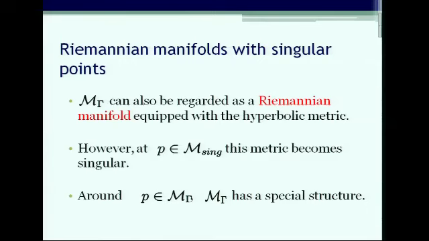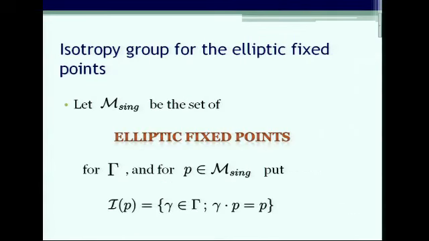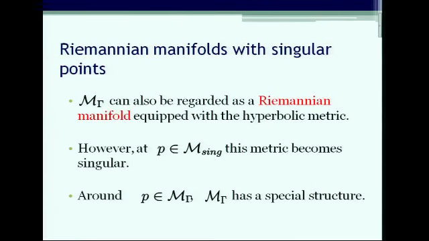So this makes M_Γ a hyperbolic space, and by introducing suitable local coordinates around this singular point P, you can introduce an analytic local coordinate. So the manifold itself is a smooth manifold without singularity. However, if you induce the hyperbolic metric, this metric becomes singular at this singular point.